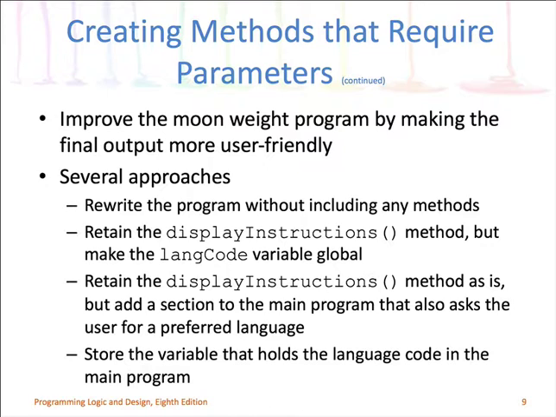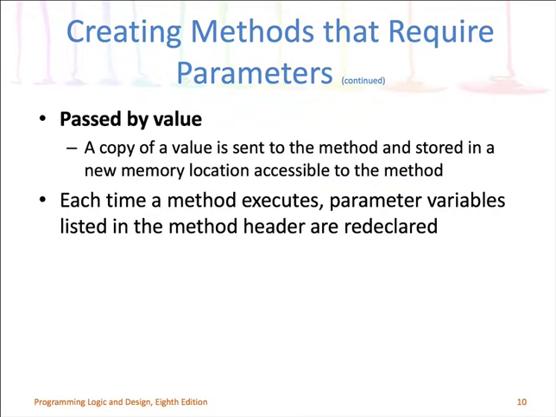We can retain our display instructions, but add a section to the main program that also asks for the preferred language, or we can store their preferred language in a variable in the main program and then pass that into the method, which is going to be the best way to do that for a lot of reasons.